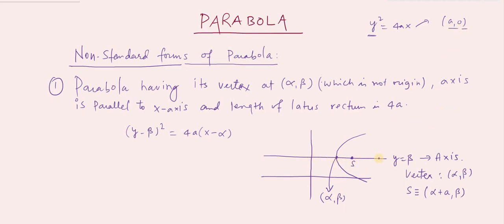Y coordinate will not change obviously, so focus will be alpha plus a comma beta. Now tangent at vertex will be a line parallel to y-axis, and obviously it is passing through alpha comma beta, therefore we can say that tangent at vertex is x is equal to alpha.